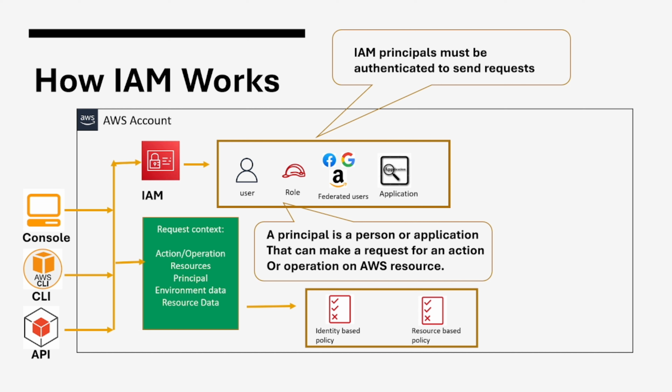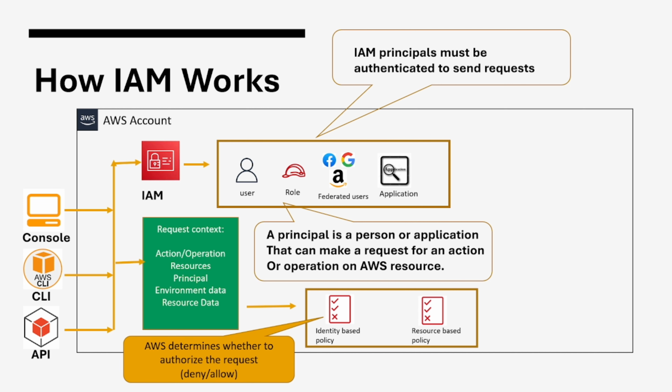In these policies, two types of actions are there: the first is allow and the second is deny. Suppose the policy says access to EC2 instance is denied. That means this request context will become invalid, and the user cannot access that service or perform any action on it.